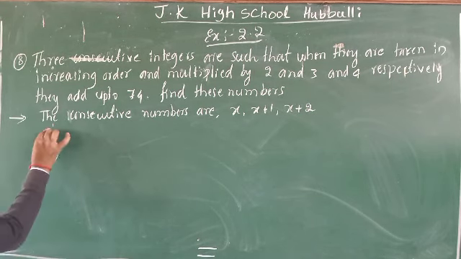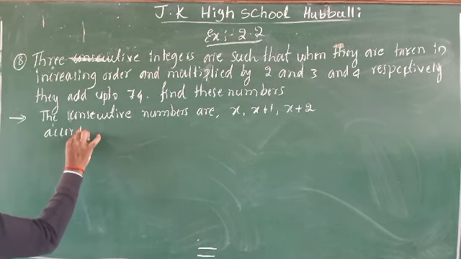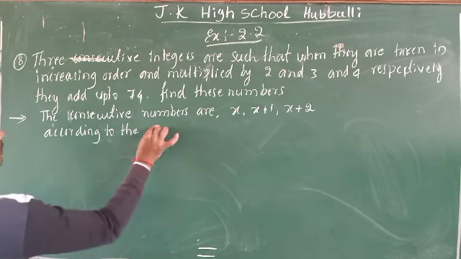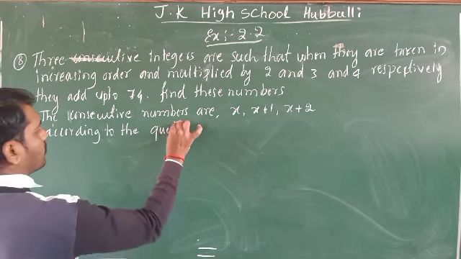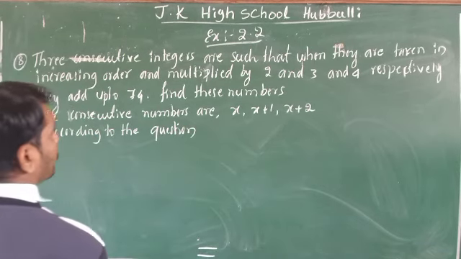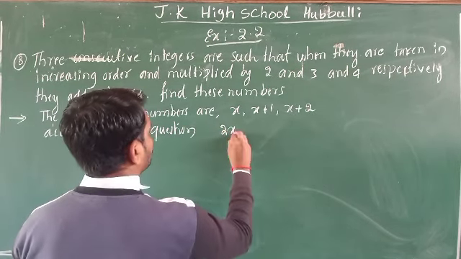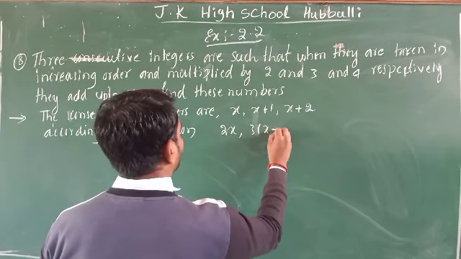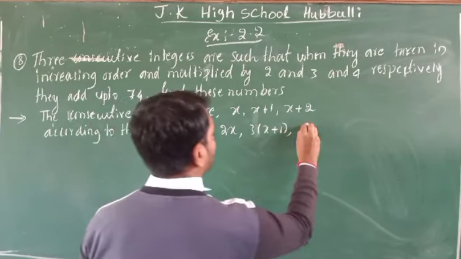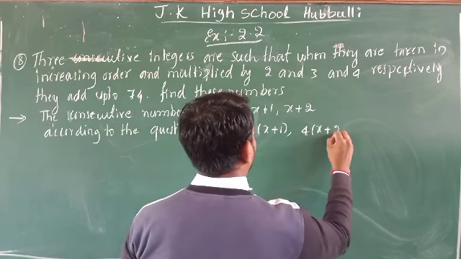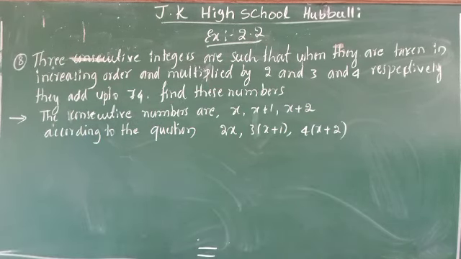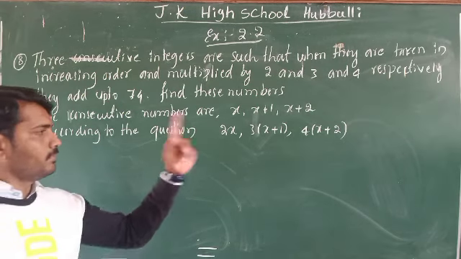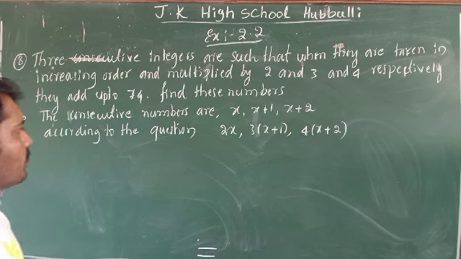Correct? Next one. According to the question, what will happen? 2x, comma, 3 times x plus 1, comma, 4 times x plus 2. So we have to multiply first number by 2, second number by 3 and third number by 4. Next one.